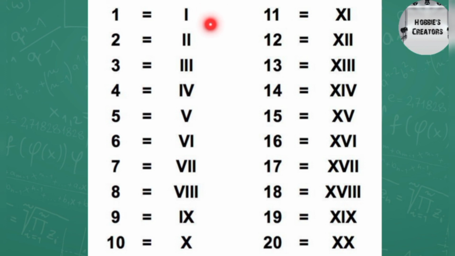So for writing 11 to 20, you have to add only X in front of these numbers. Okay, XI, XII, XIII, XIV, XV, XVI, XVII, XVIII, XIX and XX. Okay, that is the numbers from 11 to 20.